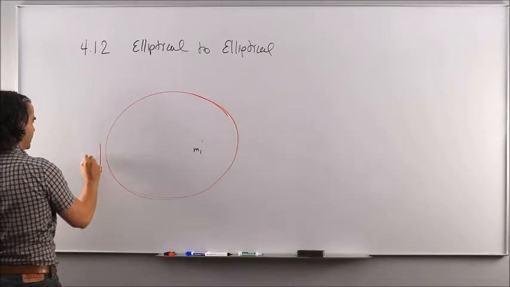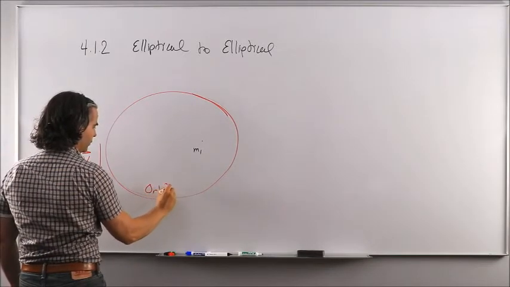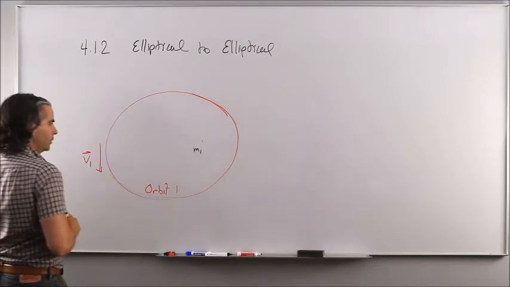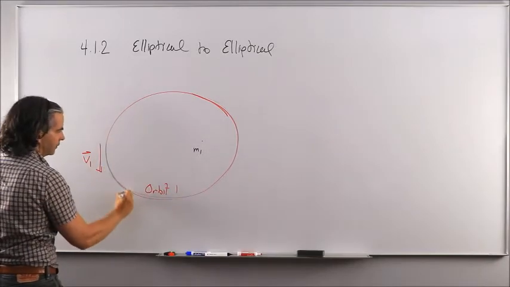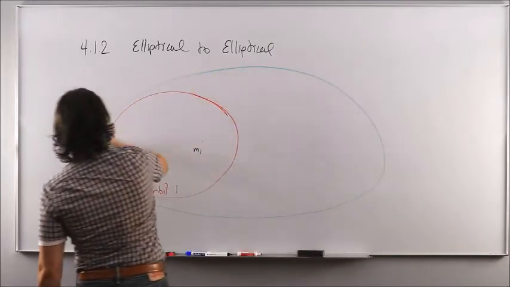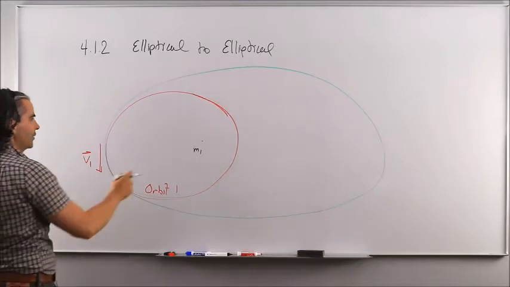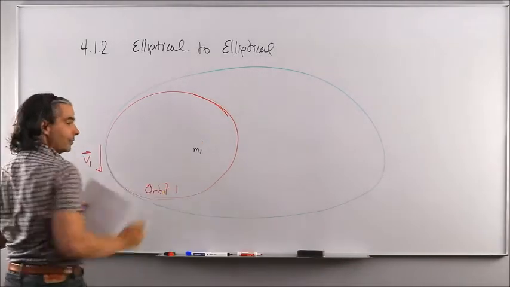So this is V1 along orbit 1, which is your initial orbit. And I want to go into a higher orbit, okay, much higher like this. Can you all see that? Yeah. Where essentially the apogee of the initial orbit becomes the perigee of the final one.